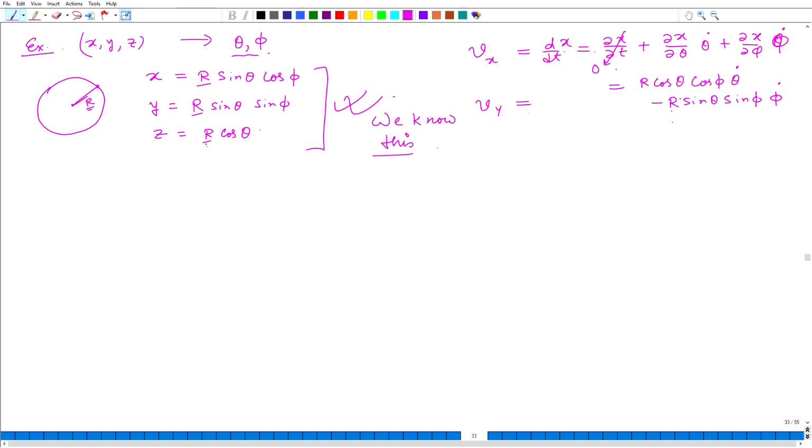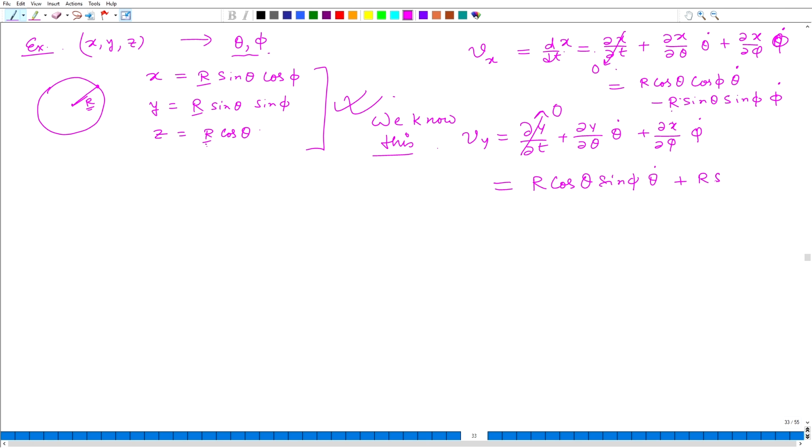You can do the same calculations for Vy, and for Vy you will have ∂y/∂t plus ∂y/∂theta theta dot, plus ∂y/∂phi phi dot. And what you can have? Once again this first term is 0, so r cos theta sin phi theta dot, and then plus r sin theta cos phi phi dot.